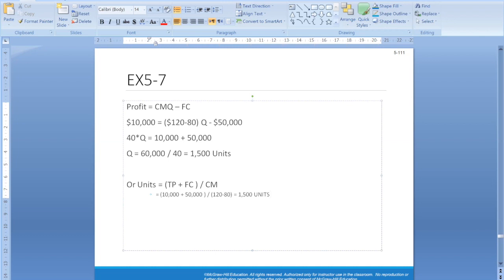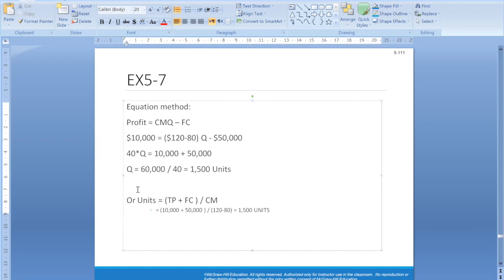The first one is called the equation method, and the second one is called the formula method, which is simply the target profit plus the fixed cost, all divided by the contribution margin.